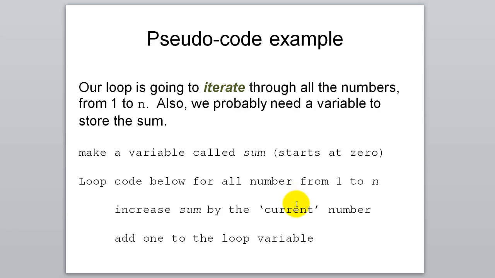Similar to what you did in the last set of labs. So if we're on the first time that we go through this loop, our current number is 1, and we'll increase sum by 1, and then we add 1 to that loop variable and it becomes 2, and then we increase sum by 2, and then we add 1 and it becomes 3, so then we increase sum by 3. You can see the pattern. It would keep going until we got to 632, and then it would be done.